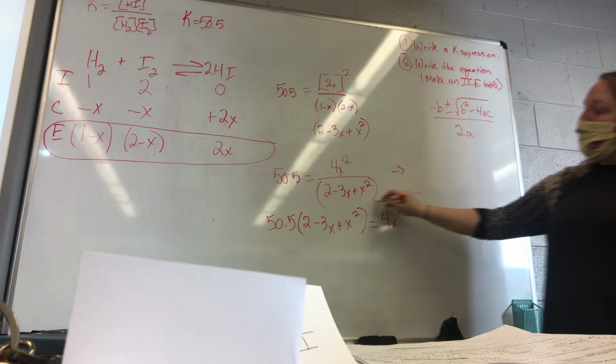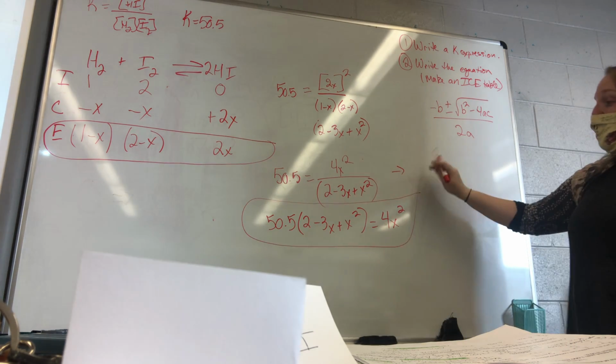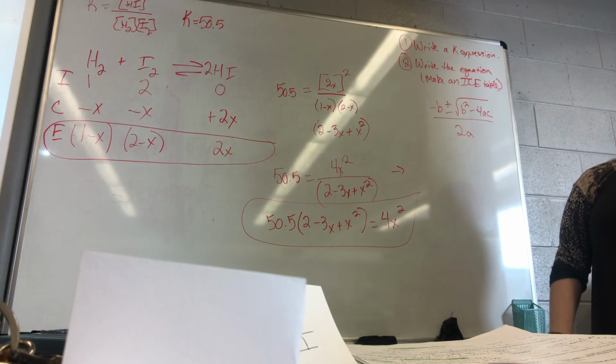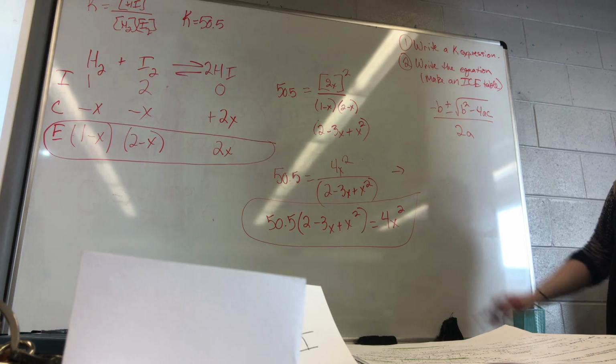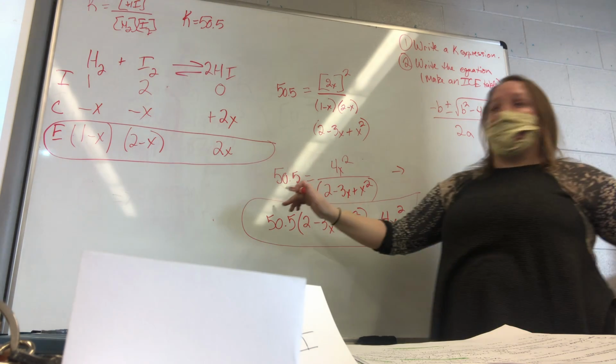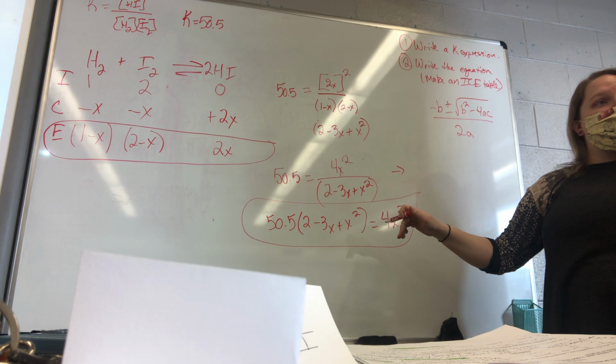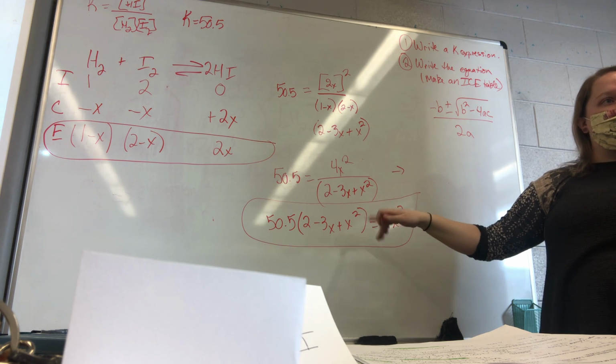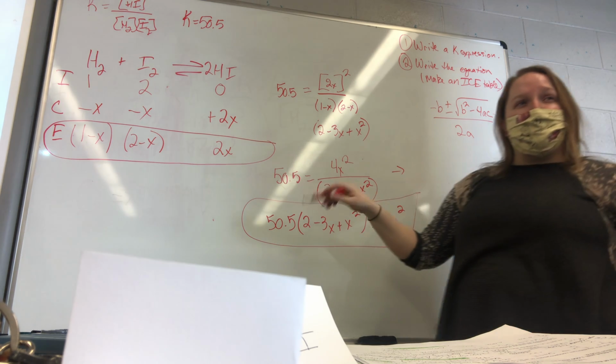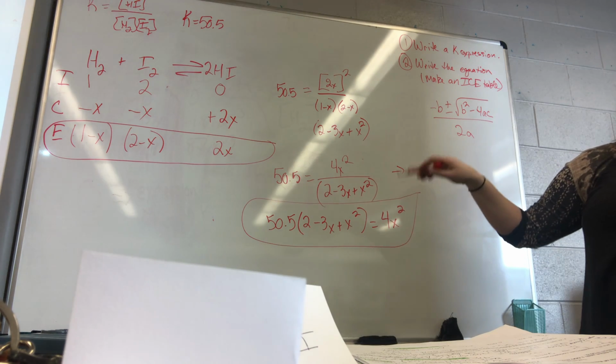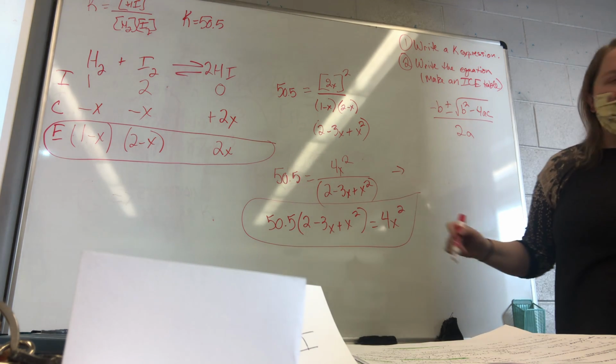All right, so here's this expression. What do I do next? I mean, yes, you could subtract 4x squared, but I would probably distribute this first into this particular lovely expression, and then subtract 4x squared so that you know where that's going to end up.